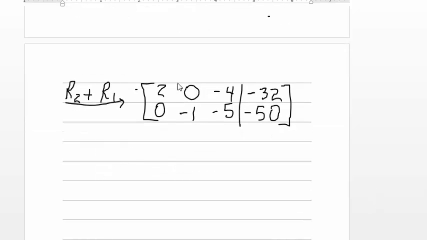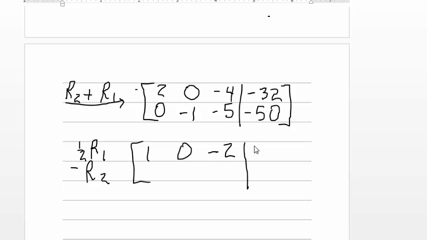So those are all the zeros that I need. Now I simply need to get my ones on the diagonal. I multiply row 1 by 1/2, row 2 by -1, and my row 1 is 1, 0, -2, -16. Row 2 is 0, 1, 5, 50.